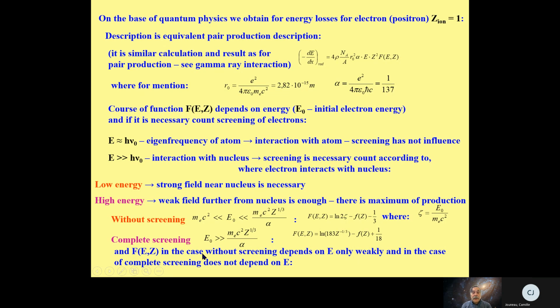For the case without screening, this dependency on energy is only very weak. It is logarithmic. Here, this zeta is the ratio between energy and rest energy, that means energy in units of the rest energy of the electron. And in the case of complete screening, there is no dependency on energy.